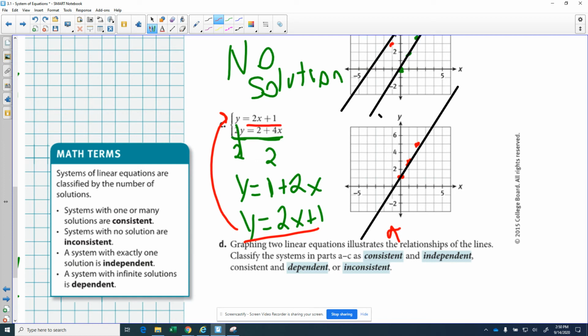Even though there's only one line there, these two are overlapping one another constantly. Because of that, we state that this is infinite solutions. Every single value of x and y that line crosses has to be an answer because the graphs are always touching. They're always in the same spot, okay?